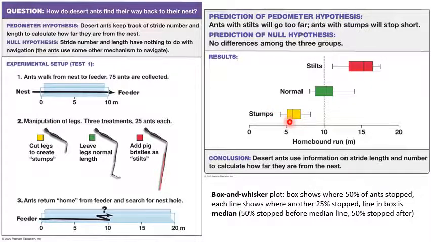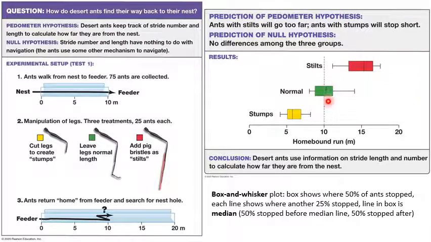So let's talk about the normal ants here. They have a box. The line in the box is the median line. So that's like half the ants walked further than this line, half the ants walked less far than this line, and then you have quartiles.